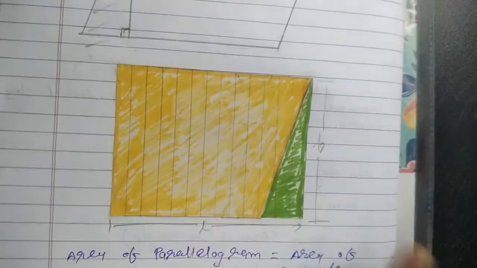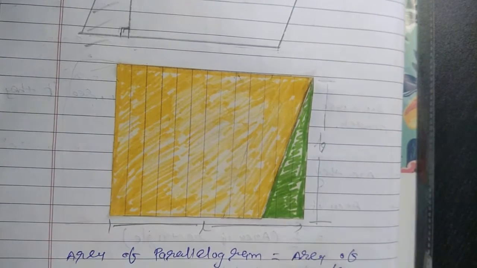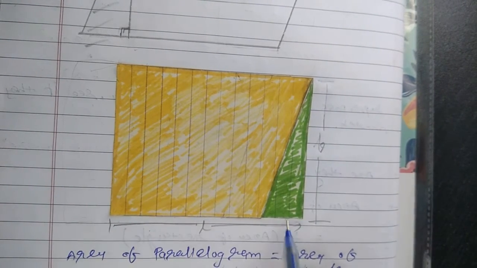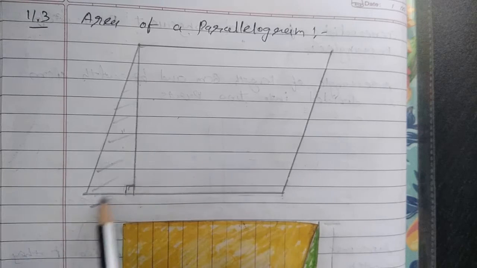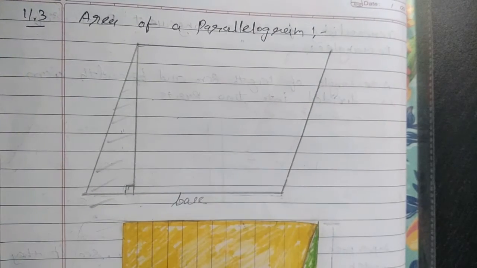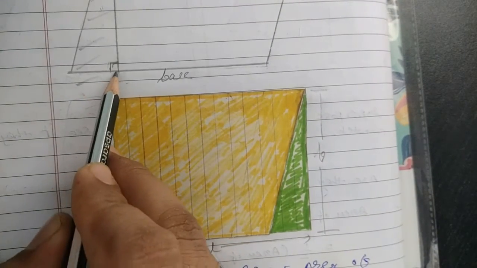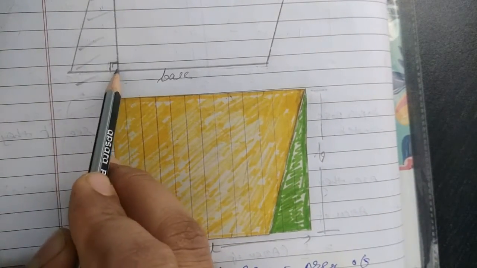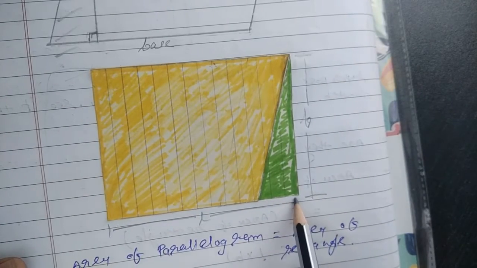So here in this rectangle, this is length and this is breadth. Now this length in the rectangle is the same as the base in the parallelogram. As we can see, this triangle we have removed, in this triangle this same side is in the rectangle.